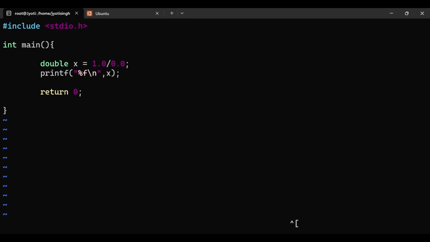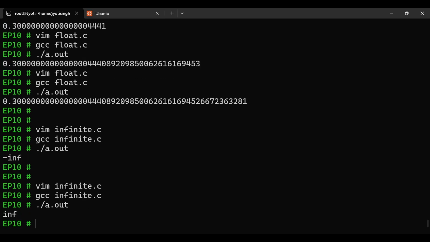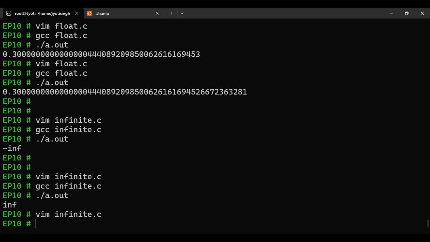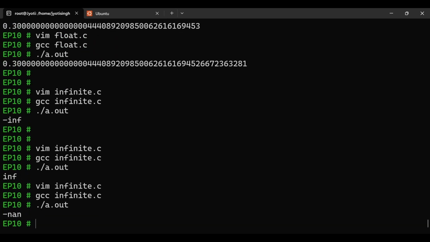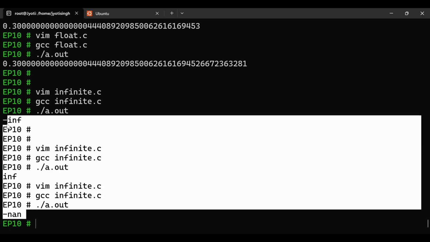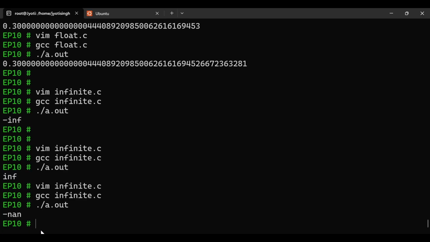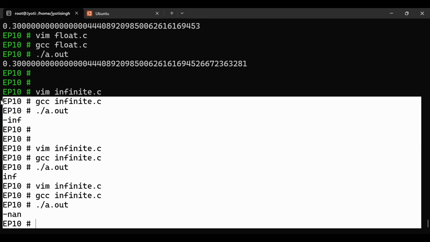Similarly, let us do some positive value. Plus INF. Let us see what happens when we do 0 divided by 0. NaN. Not a number. Okay, so this is how the operating system is preventing our system from going into a bad state.